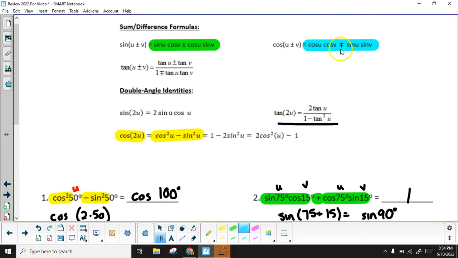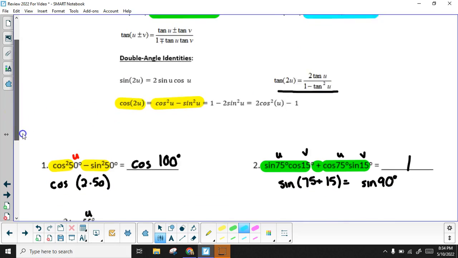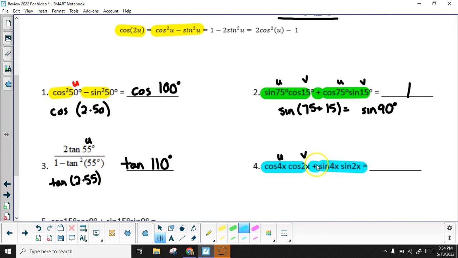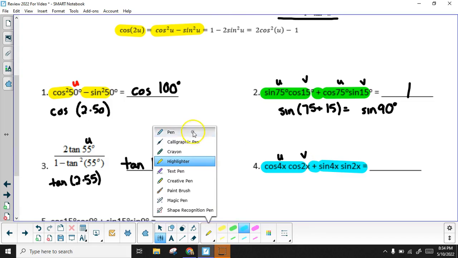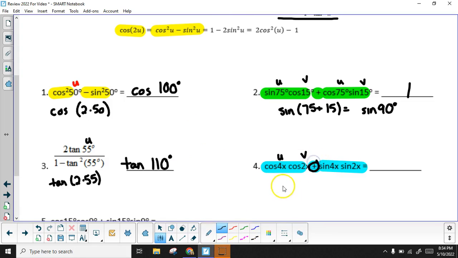Notice here that because we have the minus or plus sign, it's going to be the opposite sign. So if we have a plus here, that means that we are actually using a difference formula. So this is going to be the cosine of 4x minus 2x, which will be the cosine of 2x. Clearly not a unit circle value because we don't know what x is.